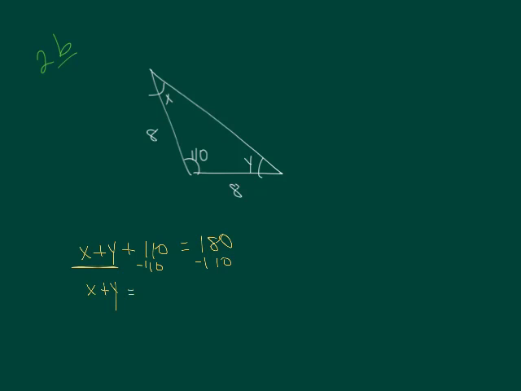So x plus y equals 70. And what did I say about x and y? They have to be the same number. So I have to find two numbers added up that give me 70. In this case, 35 plus 35 equals 70. They have to be the same number. So both x and y are going to equal 35.